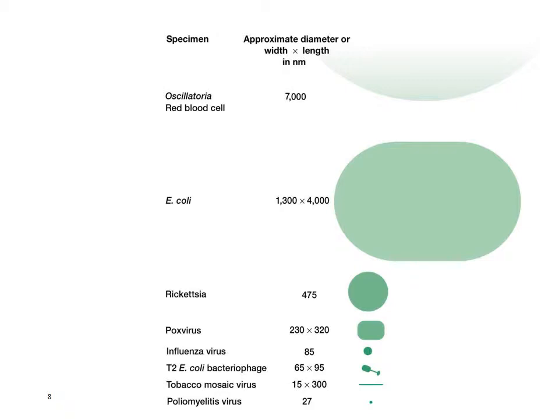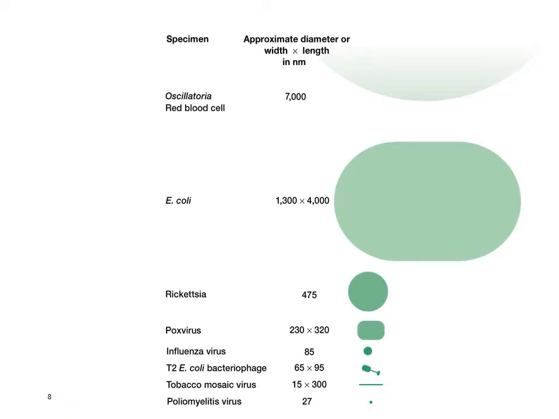Near the smaller end of the continuum are members of the genus Mycoplasma, which lack cell walls. And for many years it was thought that they were the smallest bacteria at 0.3 microns, but even smaller nanobacteria have since been discovered that range from 0.2 to 0.05 microns in diameter.